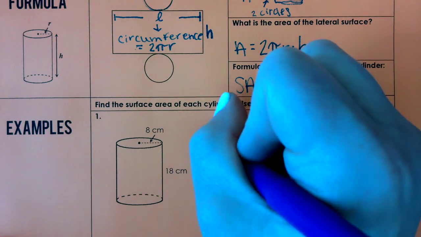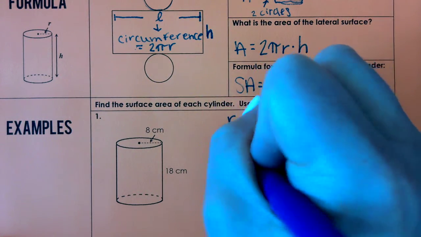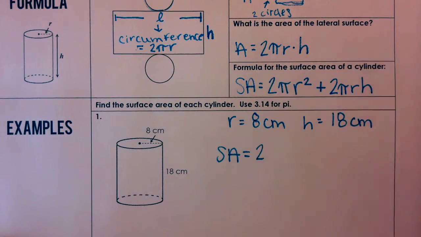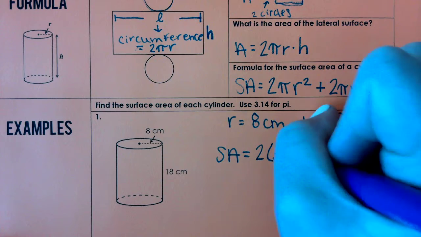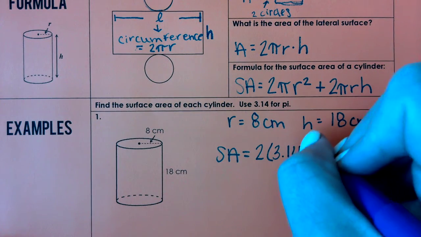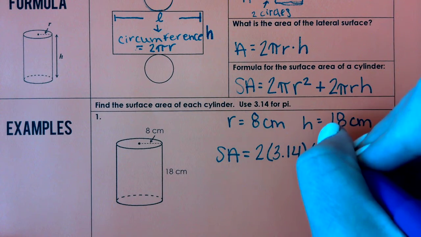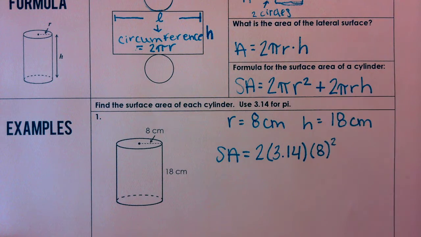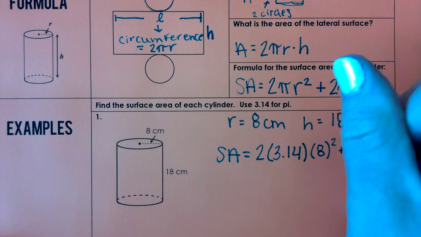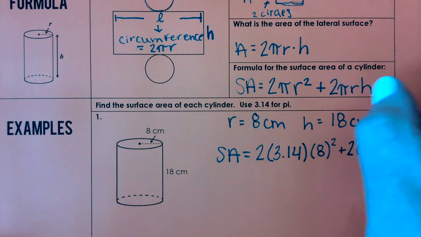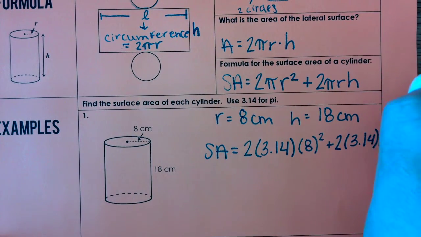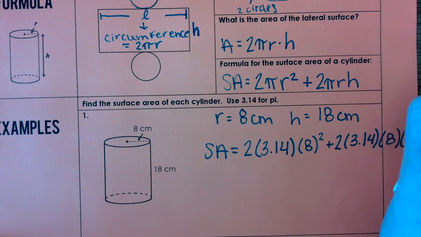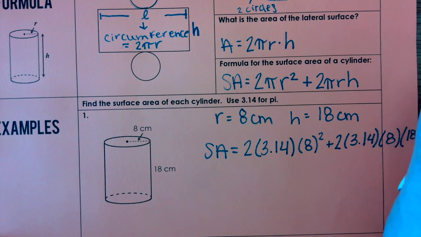So my surface area is 2 times 3.14, using pi as 3.14, times 8 squared, plus 2 times 3.14 times 8 times 18.